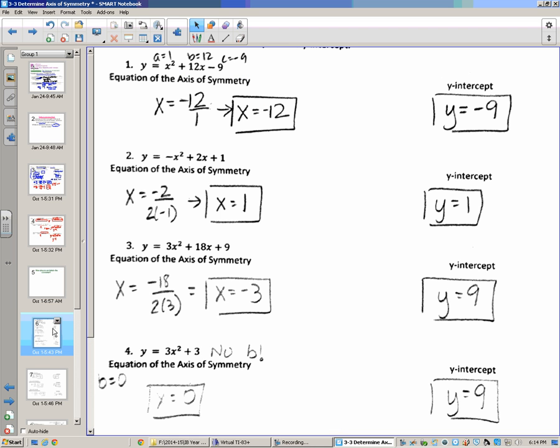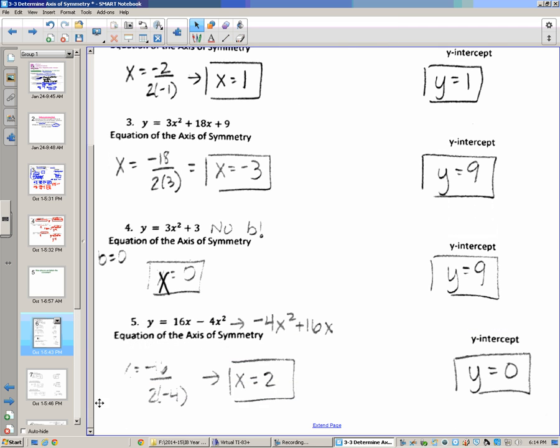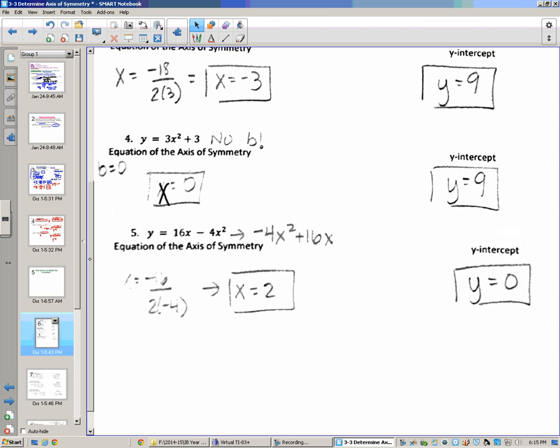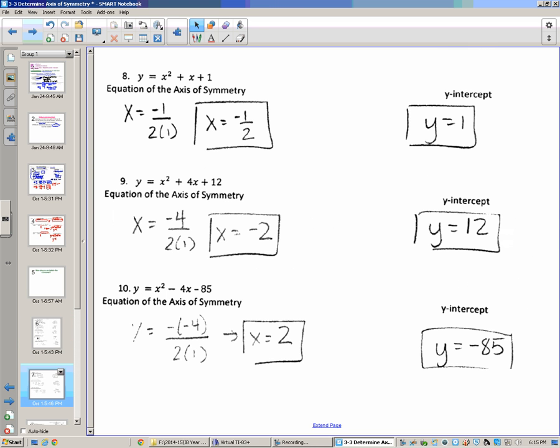So the answers to question 1, question 2, question 3, question 4, that should say x equals. Question 5, they're all here laid out neatly. Be careful, make sure that you're careful with these. The answers to question 8, question 9, question 10.